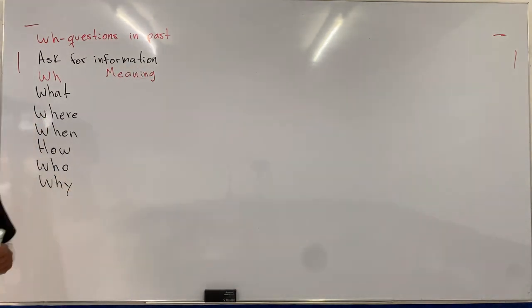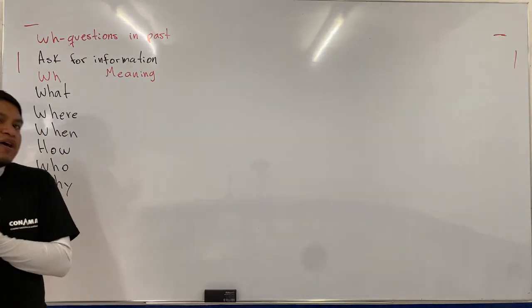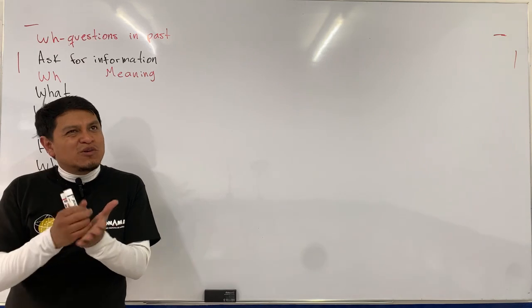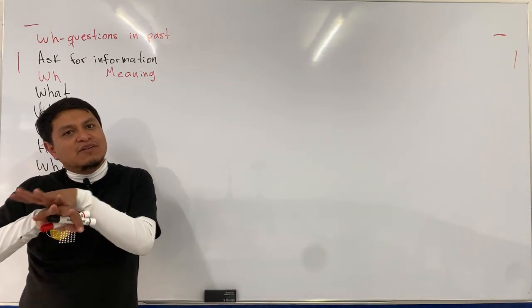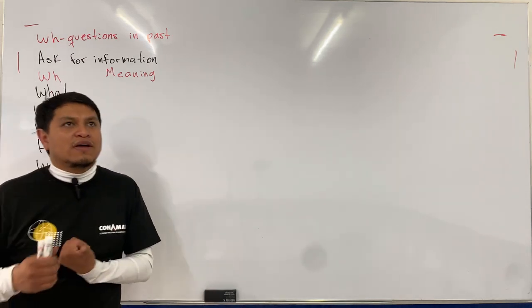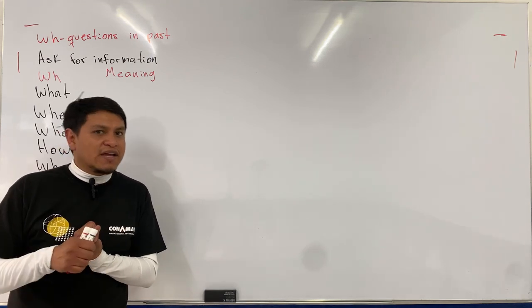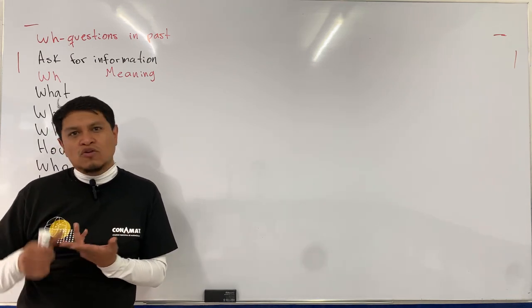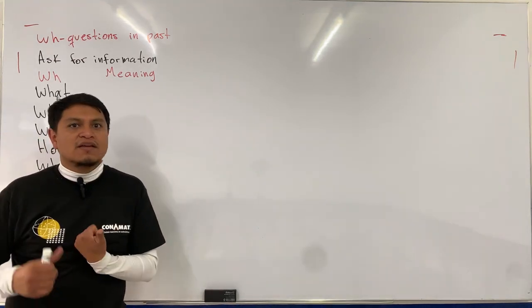For example, what we use when the question has many possible answers. I mean, what is your favorite color? Maybe red, gray, yellow, blue, or what is your favorite sport, right?